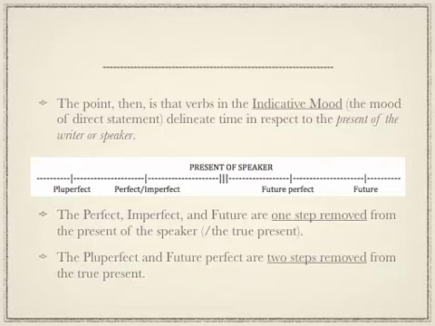The pluperfect and future perfect are 2 steps removed, because the pluperfect relates to the perfect or imperfect, the future perfect to the future, which then relates back to the true present. So that is how absolute tense works, as opposed to relative tense, which I will examine in my presentation on oblique moods.